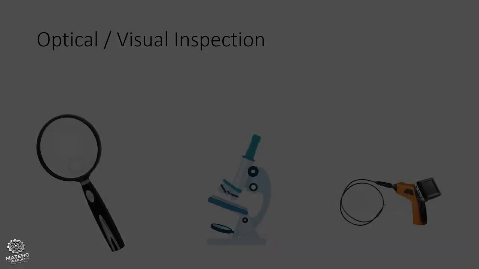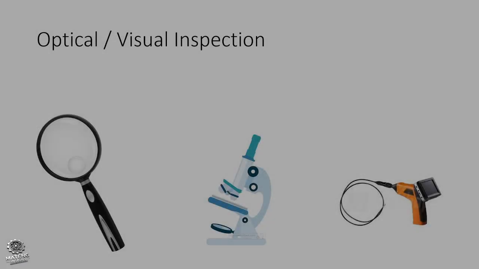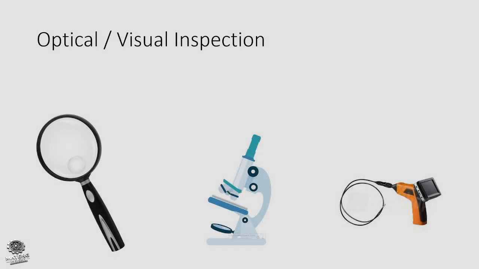Optical or visual inspection. Optical inspection is one of the most basic and widely used NDT methods. It employs optical instruments such as magnifying lenses, optical microscopes, high magnification digital cameras, and borescopes to examine a component's surface.